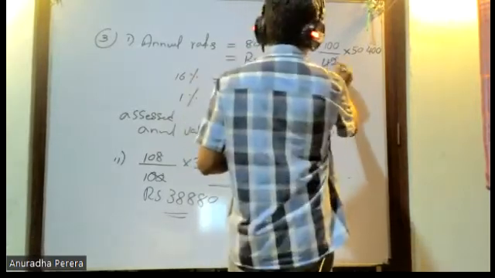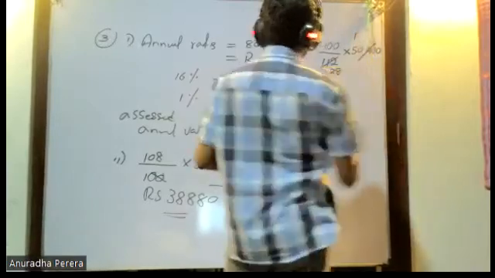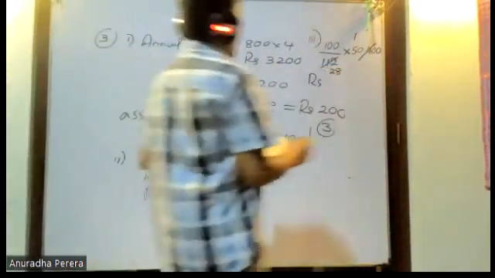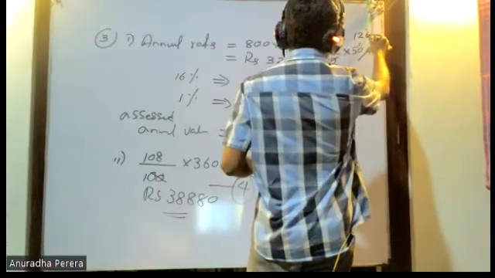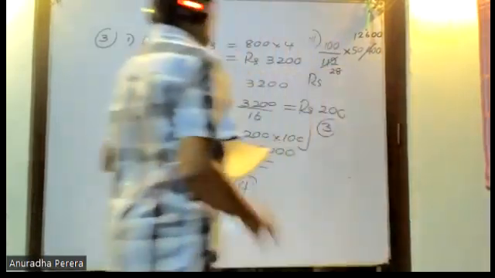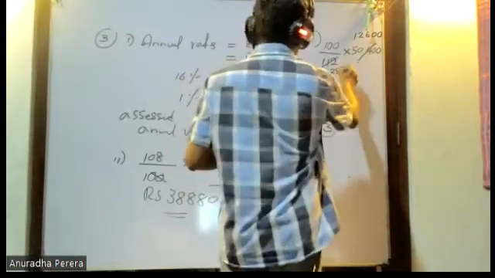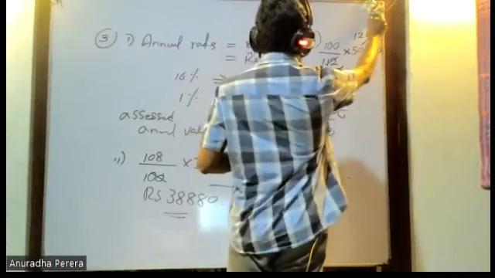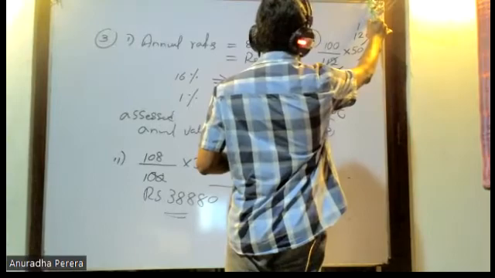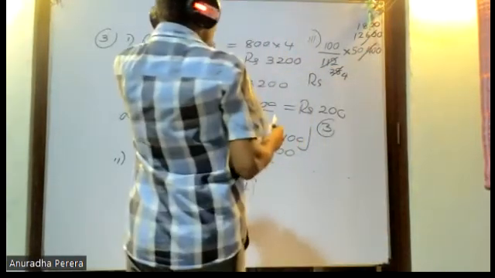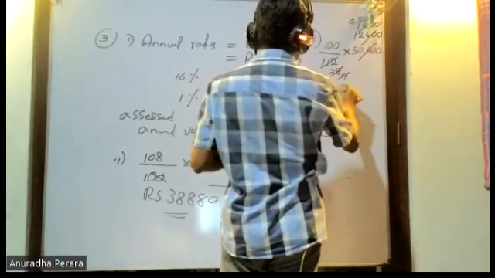Dividing by 4 gives 12,600. Then divide by 7, and divide by 4 again. Your answer is 45,000 rupees.